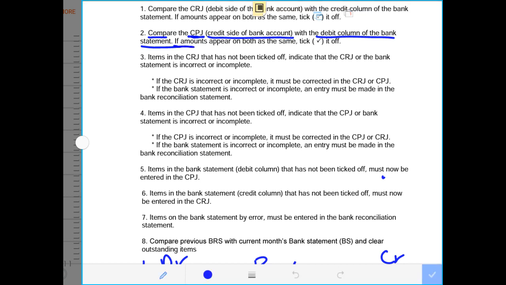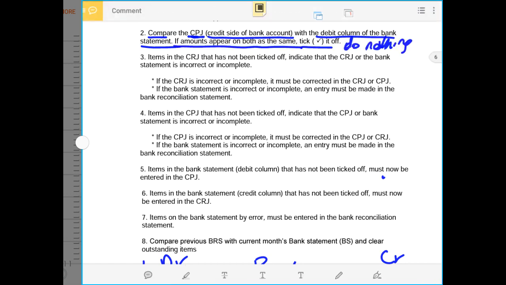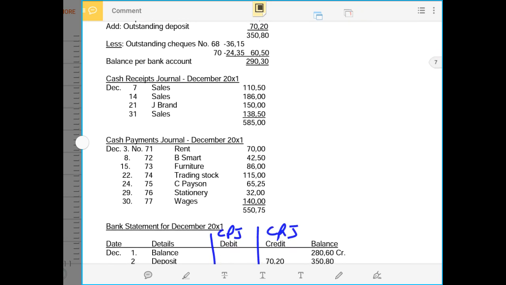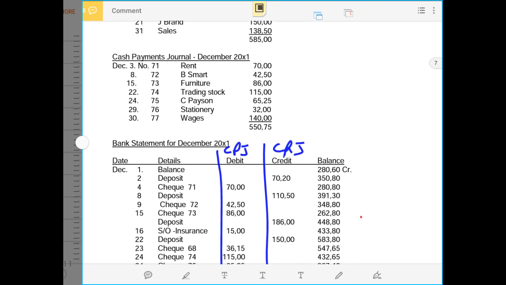And it says if amounts appear on both sides as the same, take it off and do nothing. Then after that comes procedure number 3. Now let me again give you a random figure in terms of comparing the cash payment journal and the debit side.